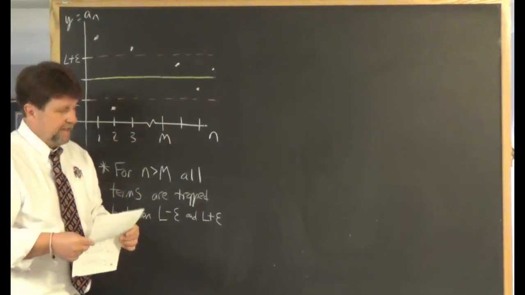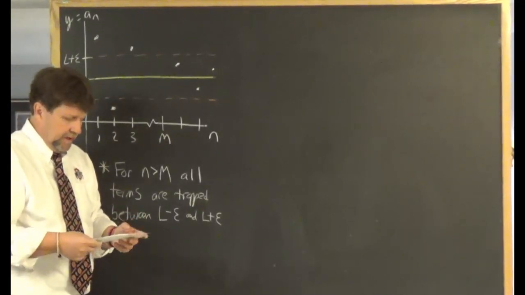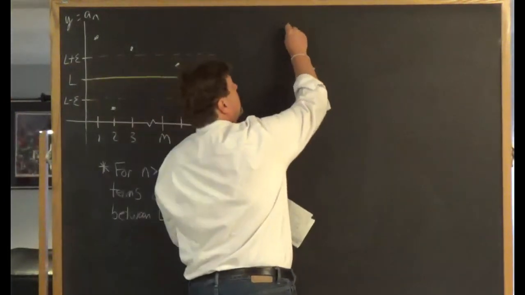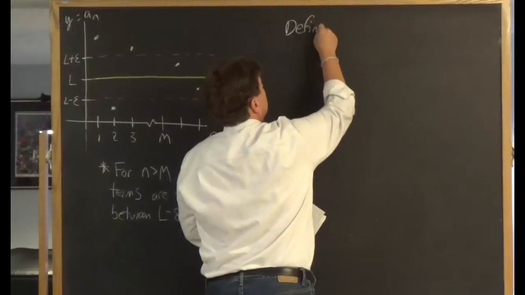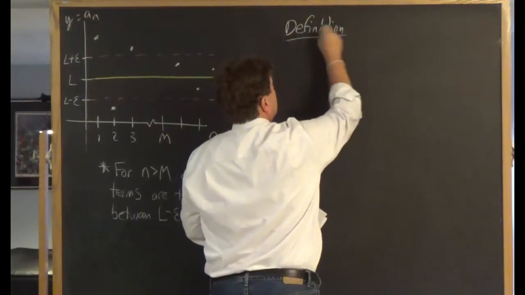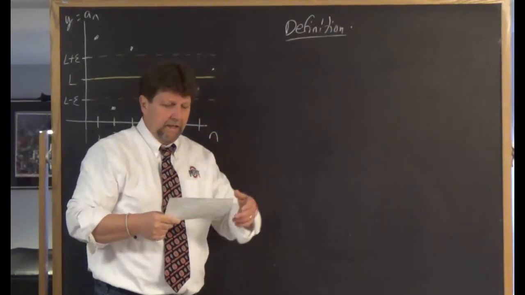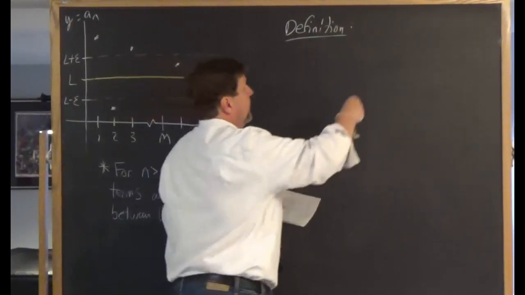Now I need to formalize this. So I'm going to come over here to the right side of the board, and I'm going to write down a definition. So it's kind of formalizing this picture and what we said on the last slide.